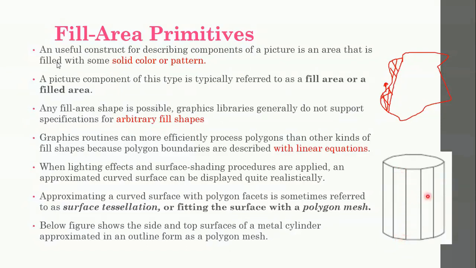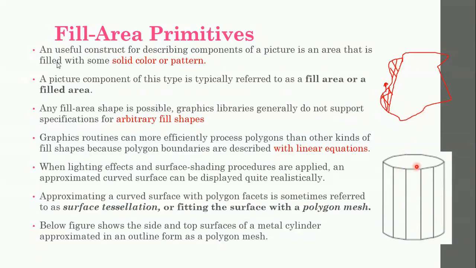You have joined many polygons to form a cylinder-like structure. The top portion of the cylinder also has certain edges. If you want to show this image in a realistic manner, you have to shade the regions.